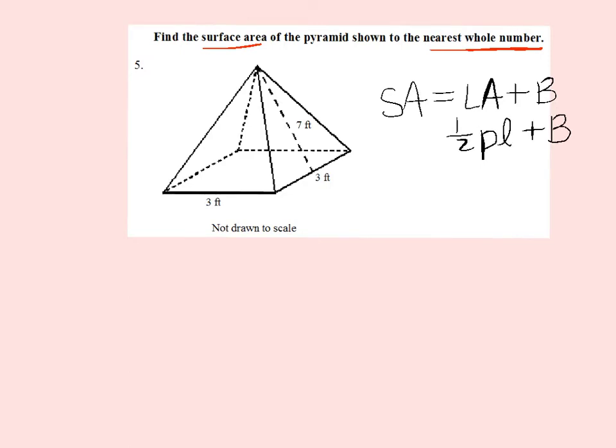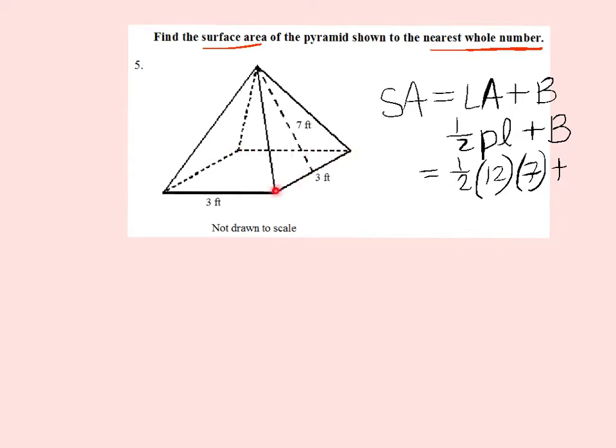So filling in what we do know, for perimeter, we see we have a square because this is 3 and this is 3. So 3 plus 3 plus 3 plus 3, adding that up, we get 12. Our slant height is given to us, it's 7, plus B. Remember that capital B stands for area of base.